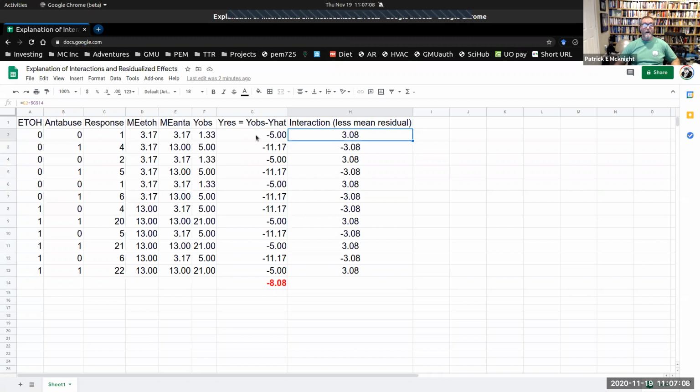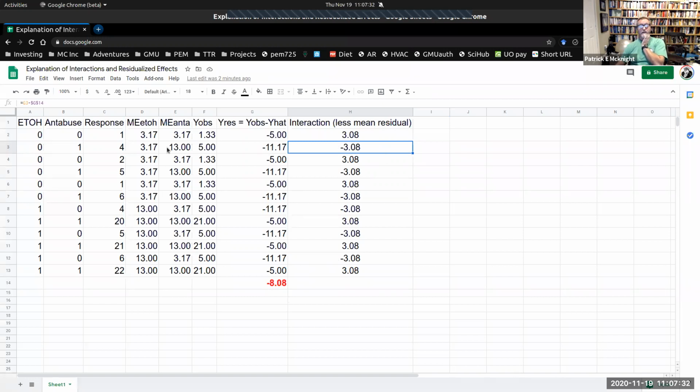So therefore, when we just flip it around, if you have 8 and you take away 5, what you're going to get is 3.08. Similarly, you get minus 3.08 when you take minus 11.17 and you minus a minus 8.08, you get a minus 3.08.